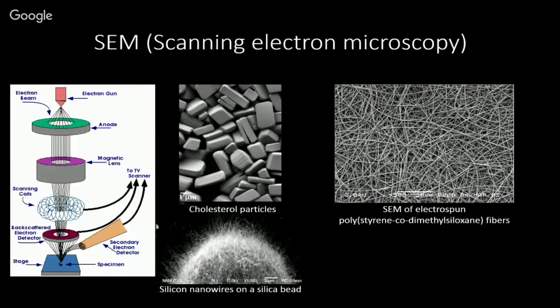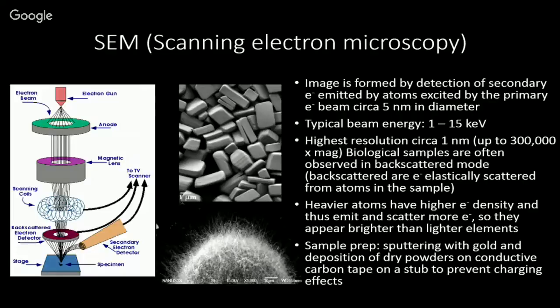Scanning just means going along the screen, creating a sample. The way it works is you detect the secondary electrons. You are directing a beam of electrons onto the sample, and these electrons are ejecting electrons that are called secondary electrons, and these electrons emerge from the sample and are detected by the detector.